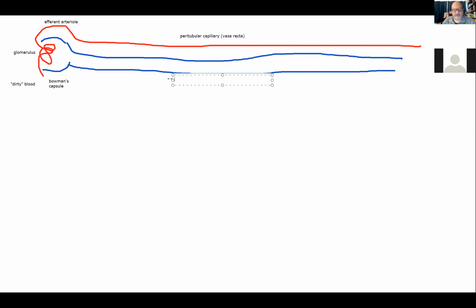And I'm just going to abbreviate. Proximal convoluted tubule, the loop of Henle, the distal convoluted tubule. And even though it is not a part of the nephron, remember we did talk about how the collecting ducts will help to process the filtrate.